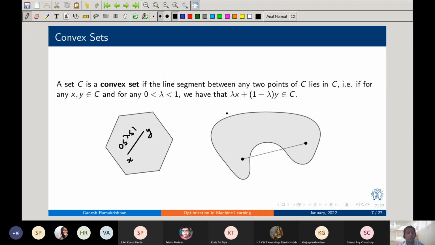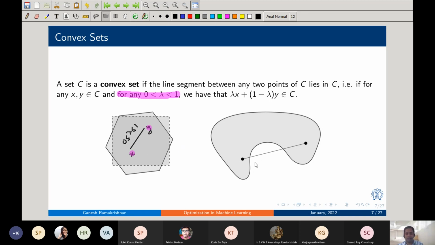This should be true for any two points X and Y. So X and Y can keep changing. I can translate it, rotate it, scale it. It should still hold. That's point number one.